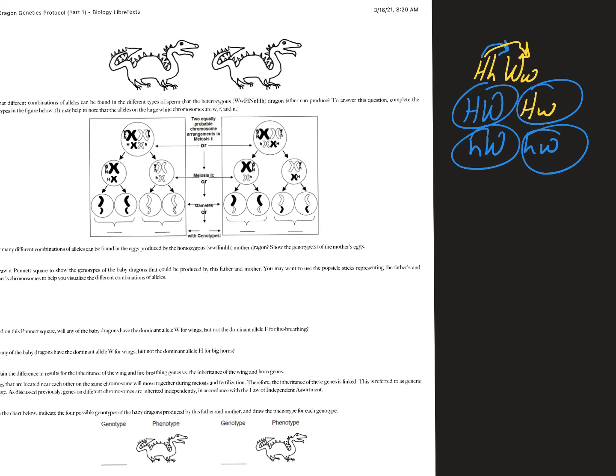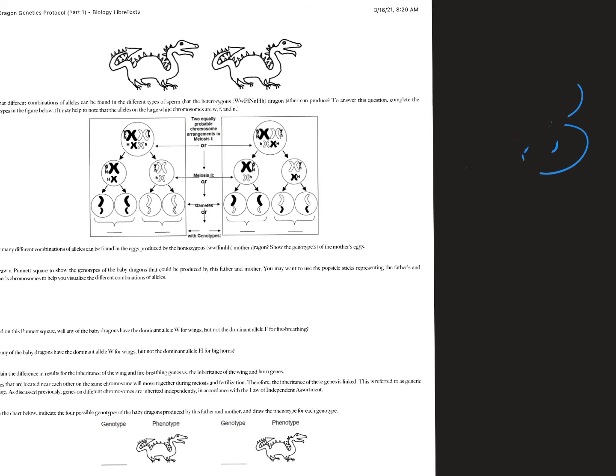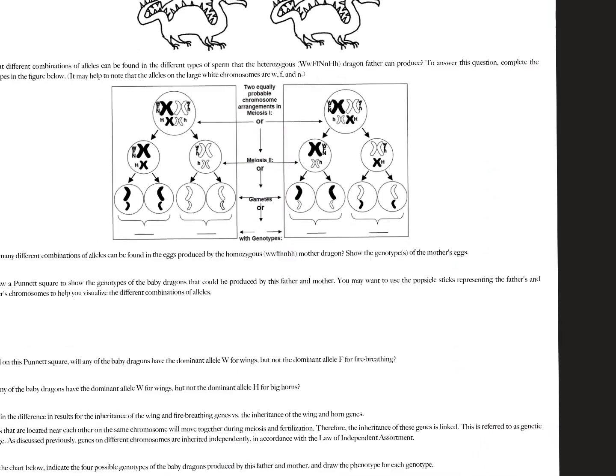Now, what's interesting here, and this is very key because it's going to save you a lot of work, is that when you look at this particular set of genes, big W, big F, big N, little w, little f, little n, they're going to move together. Because they're linked, if big W, big F, big N move over here, and little w, little f, little n move over there, with big H here and little h there, then you're going to have 2 separate possible gene combinations.